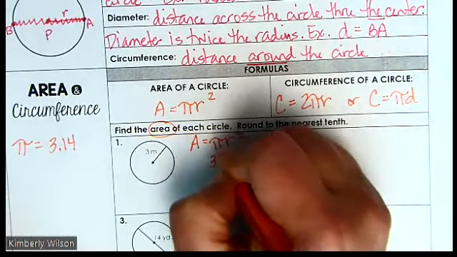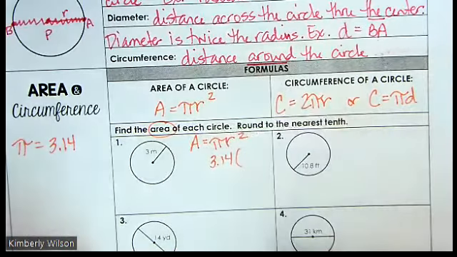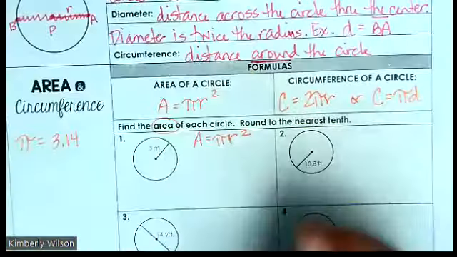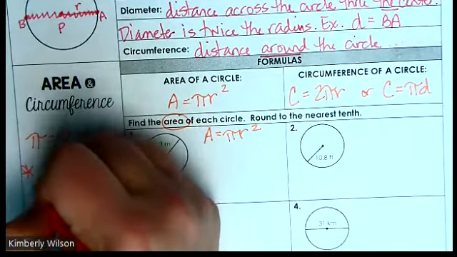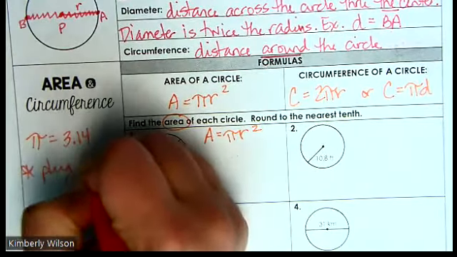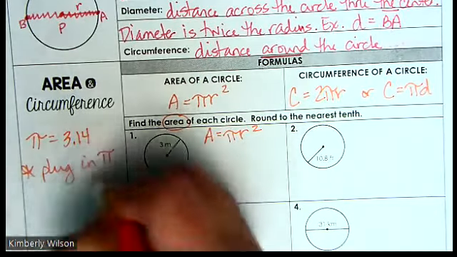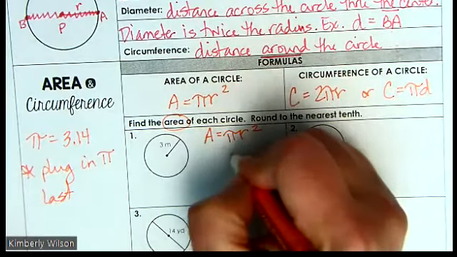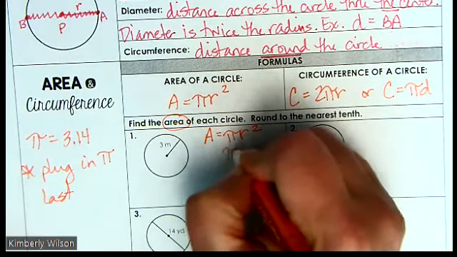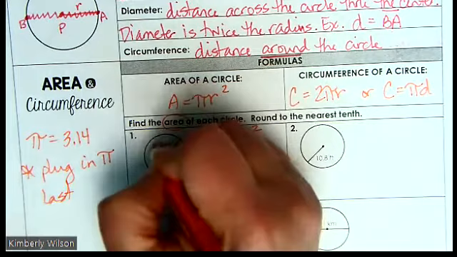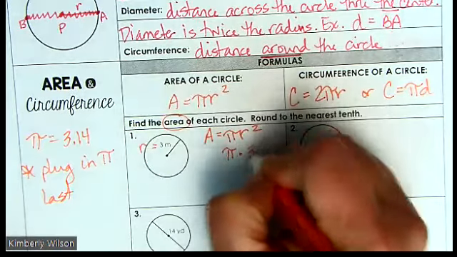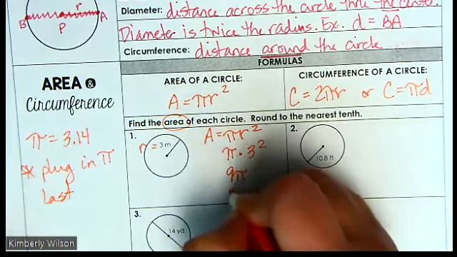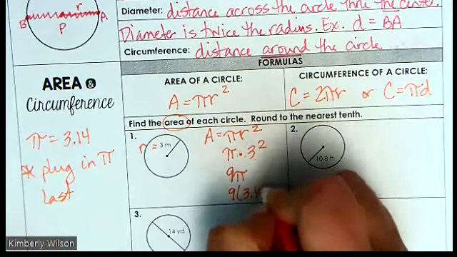Oh, wait, I want you to plug in pi last. So we're going to have pi times, this is my radius, 3 squared. So this is going to be 9 pi. So I'm going to do 9 times 3.14.